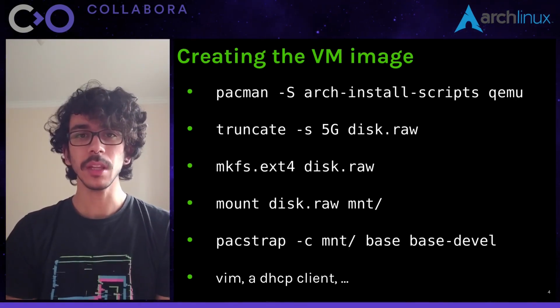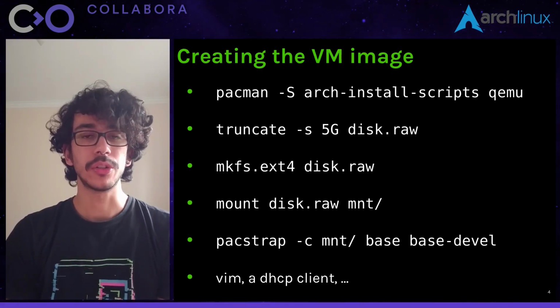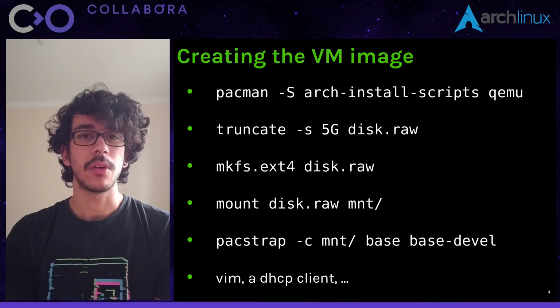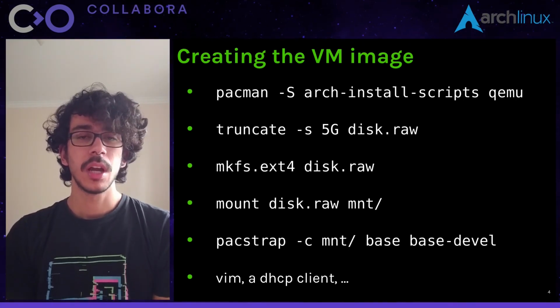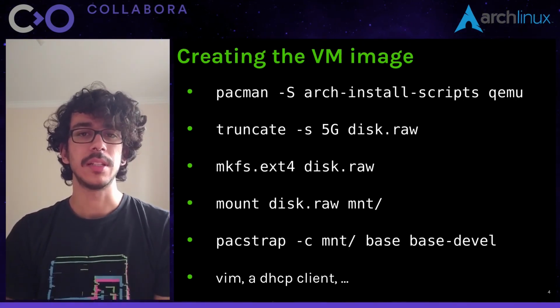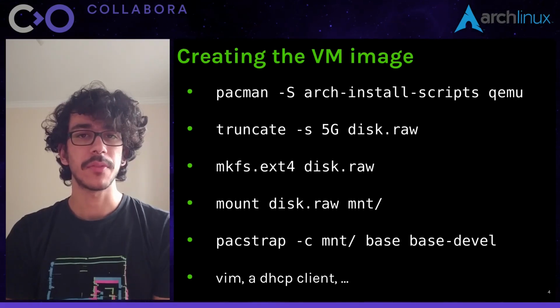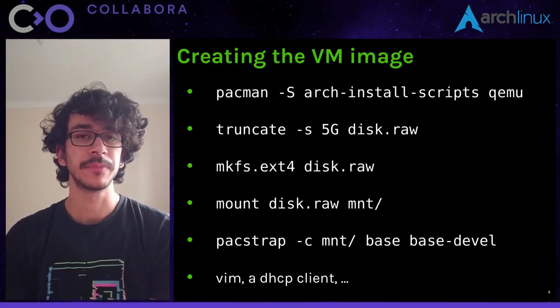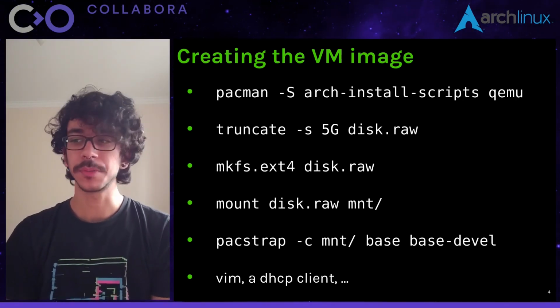First of all, we need somewhere to store our rootfs, and for this I create a file of 5 gigabytes. I use truncate because in that way I can have a sparse file that will grow as needed. It won't be using 5 gigabytes from storage.